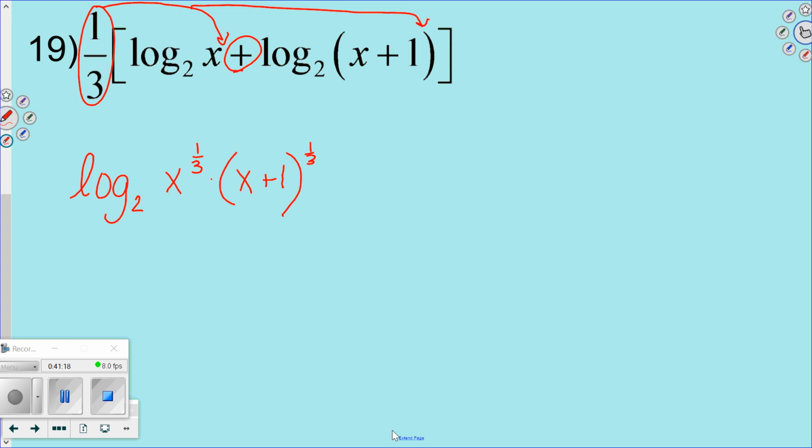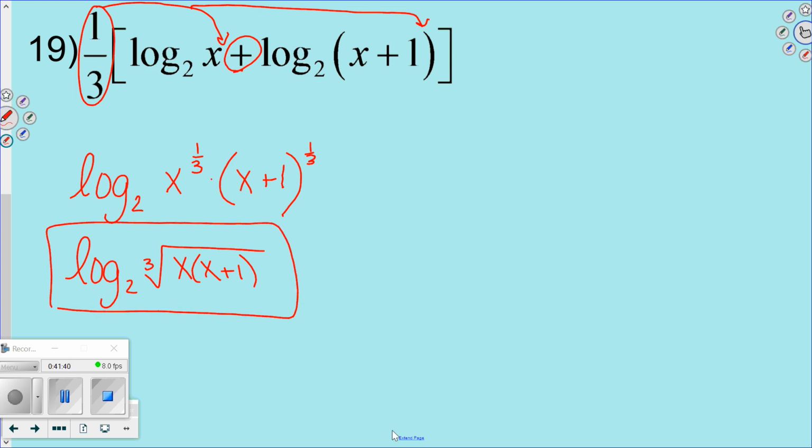What's a 1/3 for an exponent imply? It is the cubed root. So log base 2, they're both under cubed roots together, 1/3, 1/3. Cubed root of x times x plus 1. And I can't loopy swoopy because there's variables there.